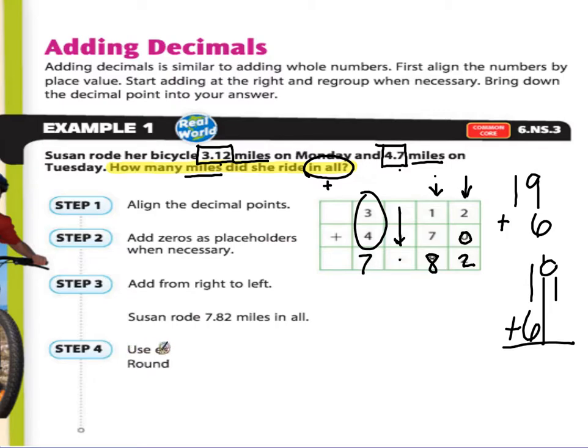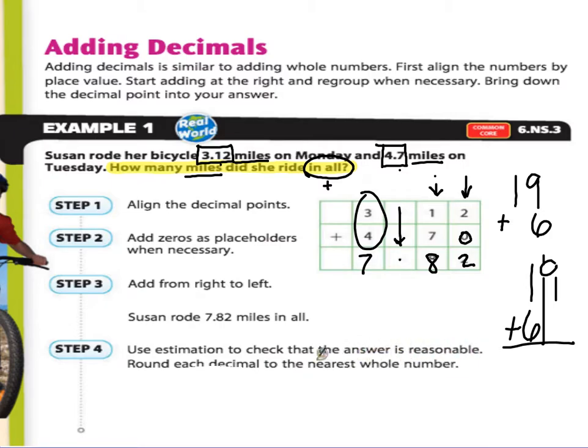Now, we can use estimation to see that our answer is reasonable or that it makes sense. So we talked about estimation in the last class. We can estimate and say that 3 1/100 rounds to about 3 because we're rounding to the largest place value, which in this case would have been the ones place. And 4 70/100 rounds to 5.